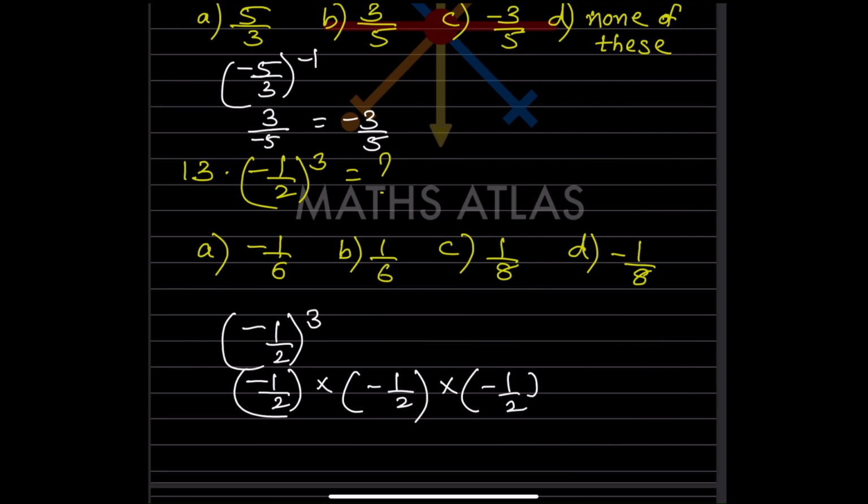Actually it's the same, you have to multiply this into this into this. So here the minus you have to write only once. So minus 1 into minus 1, and the 2 you are going to write.